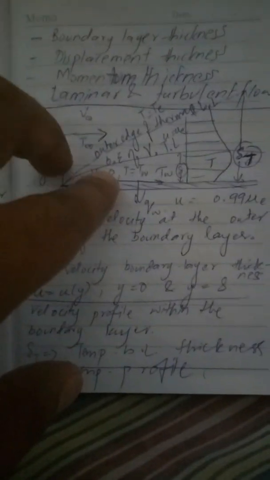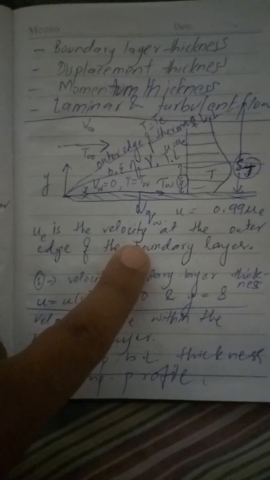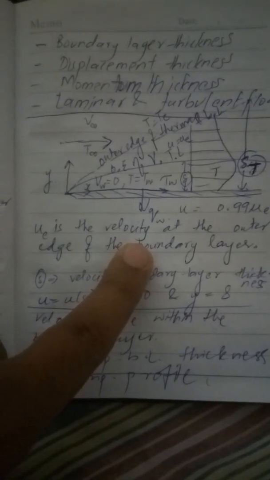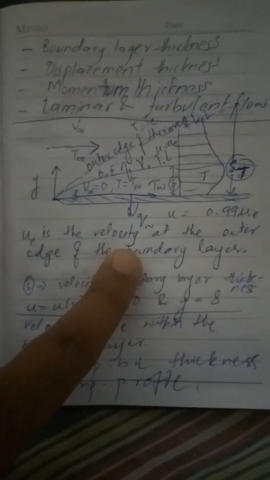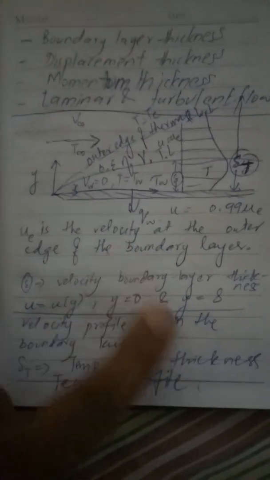These are the two major properties of a boundary layer, or the profile, which we have created with the help of the graph.